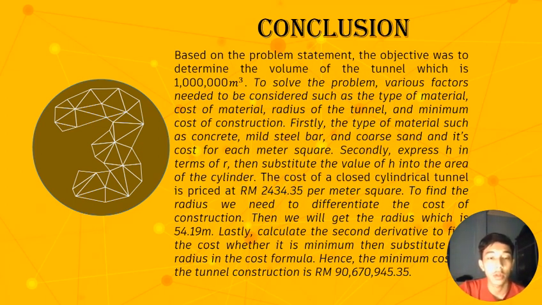Then we will get the radius, which is 54.19 meters. Lastly, conclude with the second derivative to find whether the cost is minimum. Then substitute the radius into the cost formula.